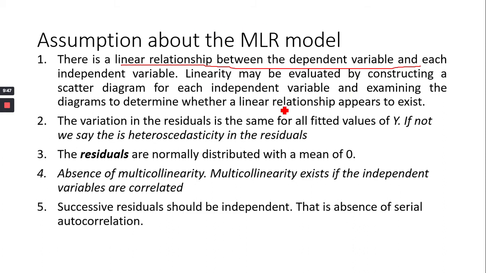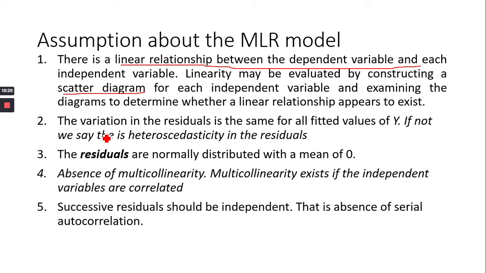Before you fit a multiple linear regression, you need to construct scatter diagrams, each independent variable versus the dependent. So if you have, say for instance, 6 independent variables, you need to produce 6 scatter plots to check if it is reasonable to assume linearity between your dependent variable and each of the independent variables.